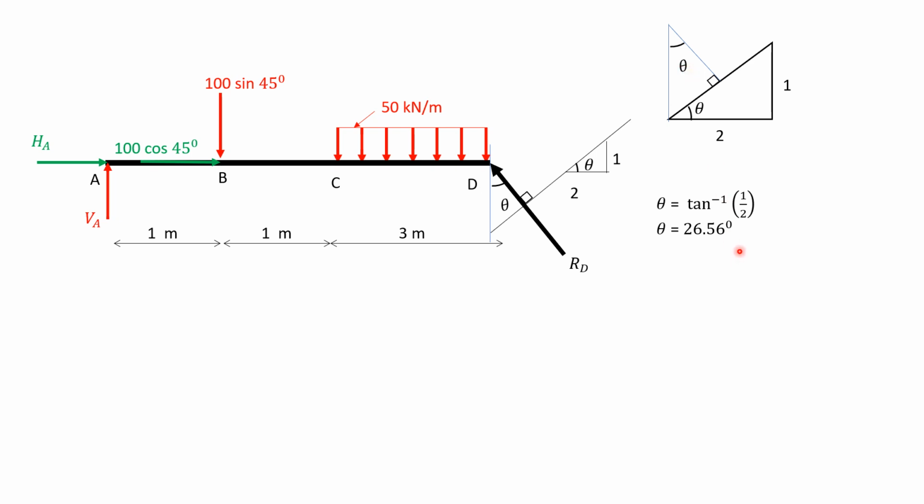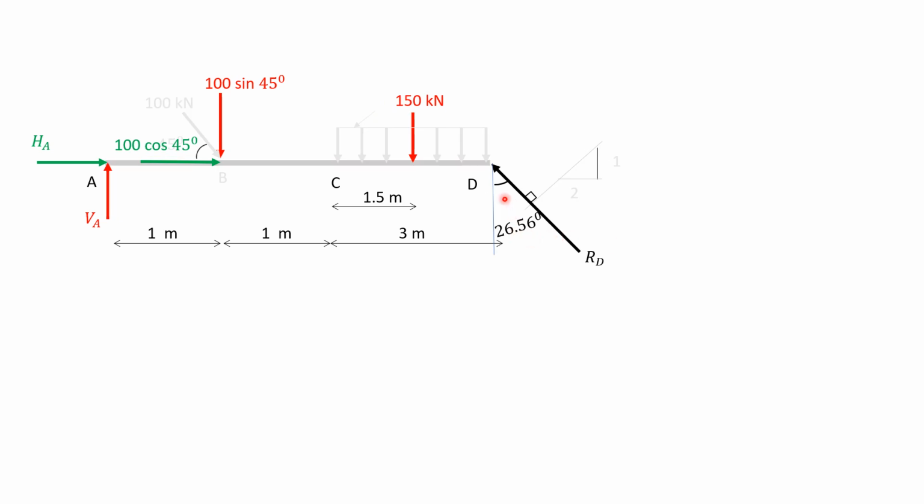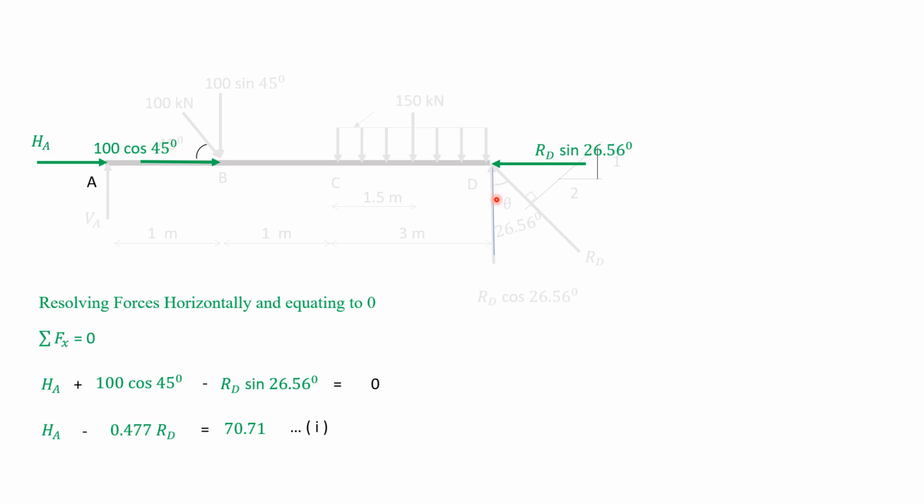So writing this theta angle 26.56 here, this RD will make 26.56 degrees to the vertical. Resolving this RD into horizontal and vertical component. Horizontal component is RD sin 26.56 degrees. Vertical component will be RD cos 26.56 degrees.